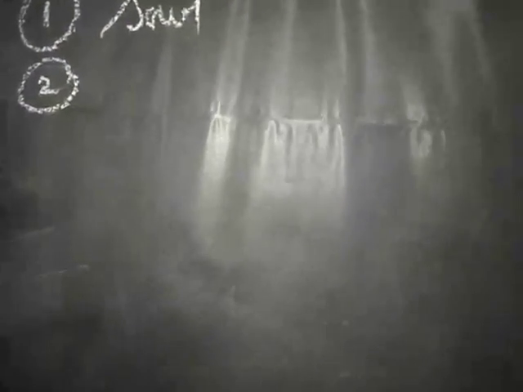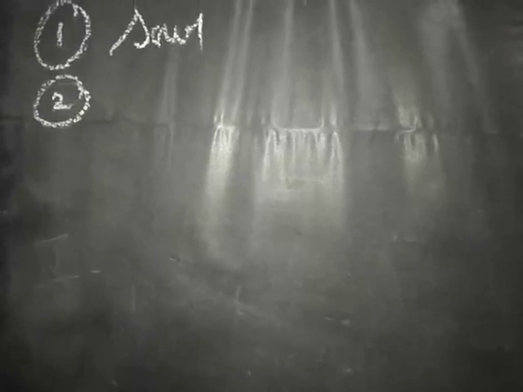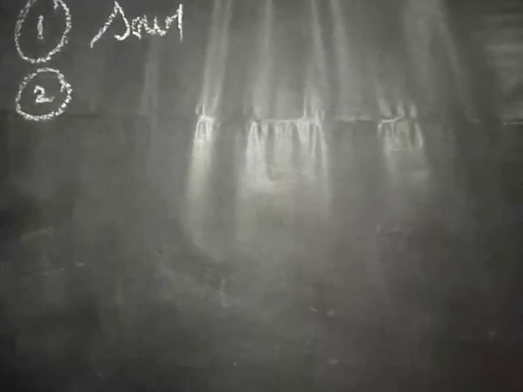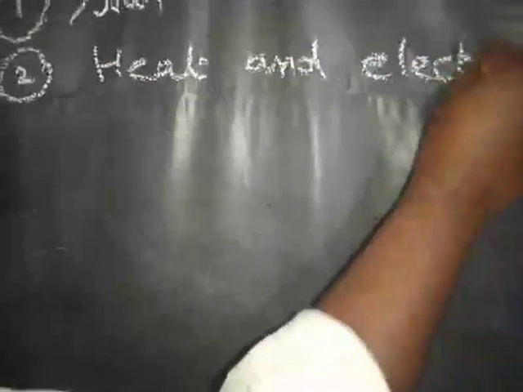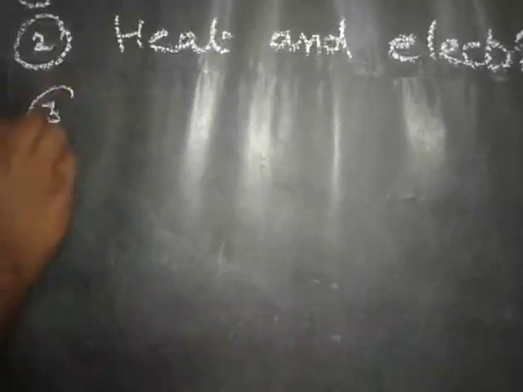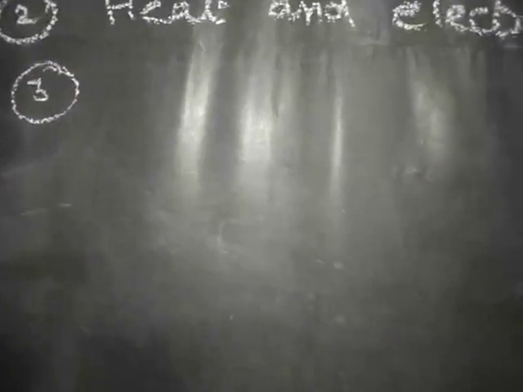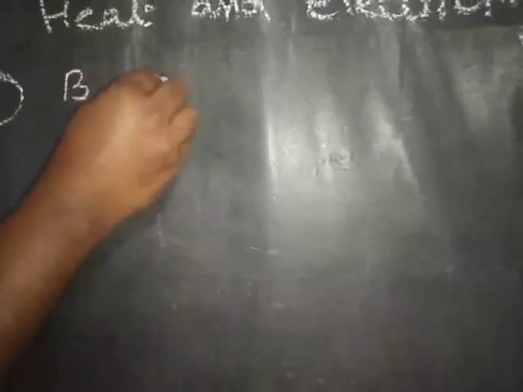Second point, acid conducts both electricity and heat when they contain ions. Third one, acid turns blue litmus into red. Blue litmus into red.